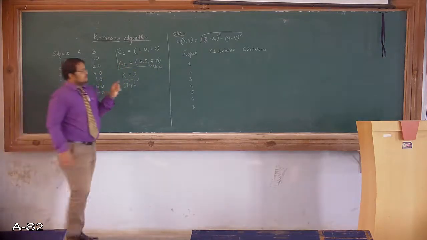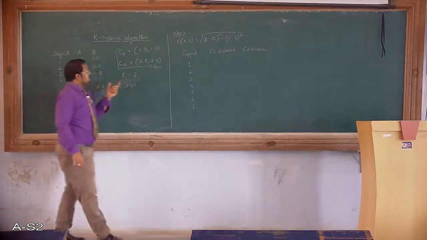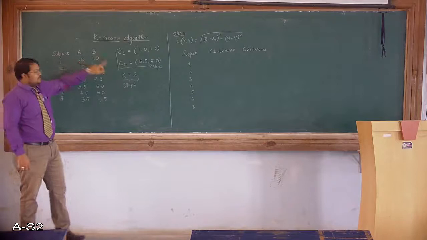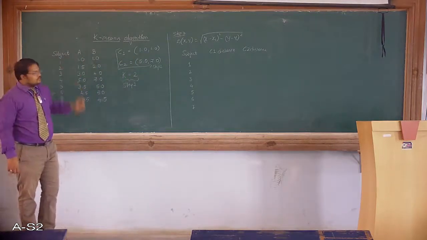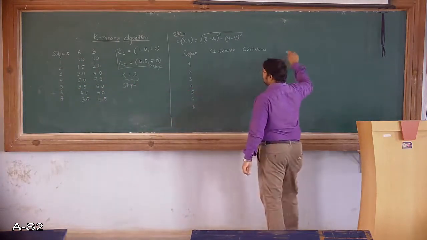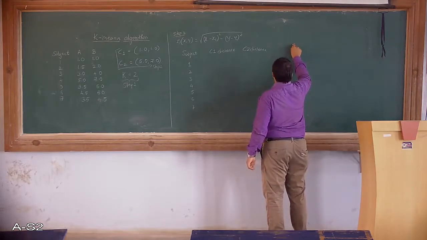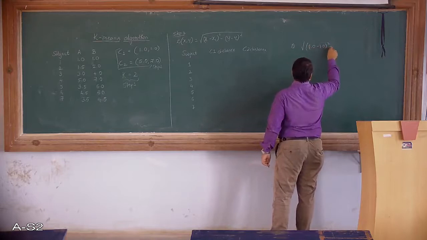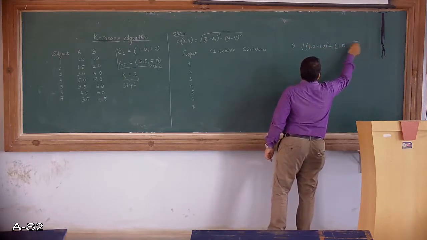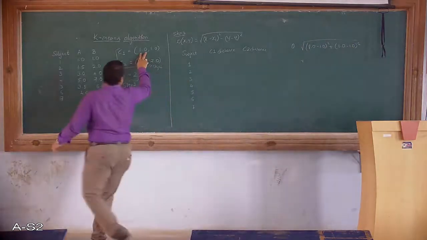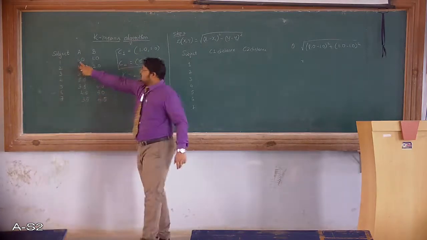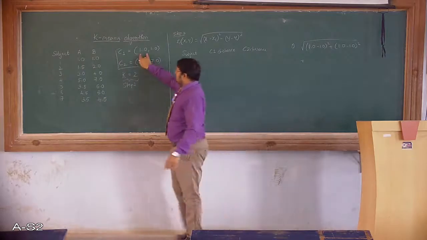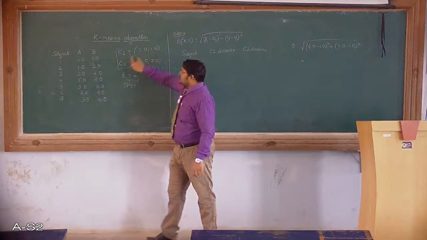For cluster 1, I need to consider every single value with the C1 value, that is, the square root of (1.0 minus 1.0) whole square plus (1.0 minus 1.0) whole square.